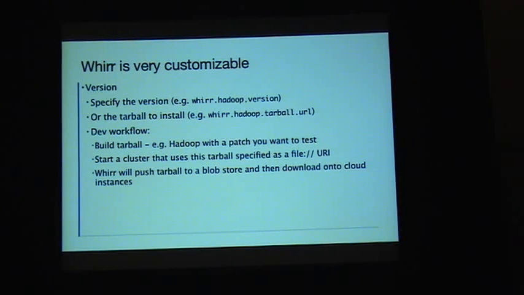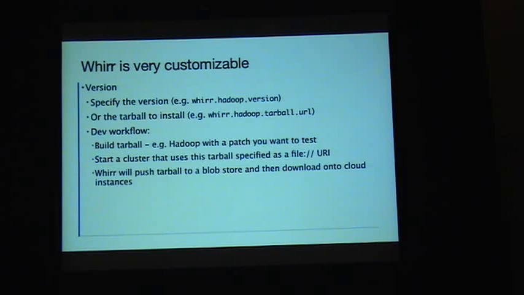This is one that I use where I've got a patch that I want to test. So I'm working on Hadoop, I've got a patch that I want to test. I want to test it on more than just my local machine. So I want to look at how it interacts at a cluster-wide level, on 10 machines or something. So what I do is I build my patch tarball. I then specify the tarball as a file URL.